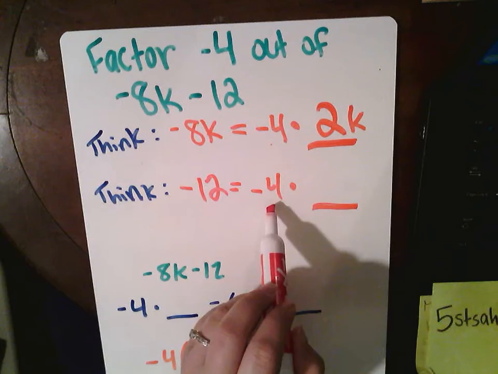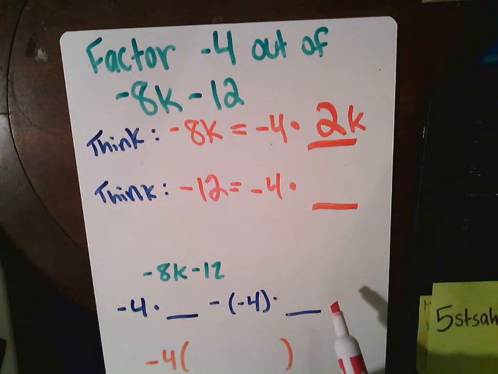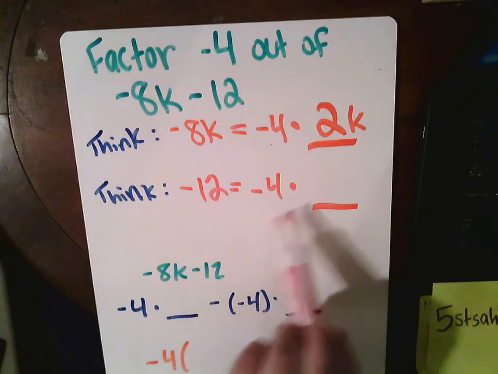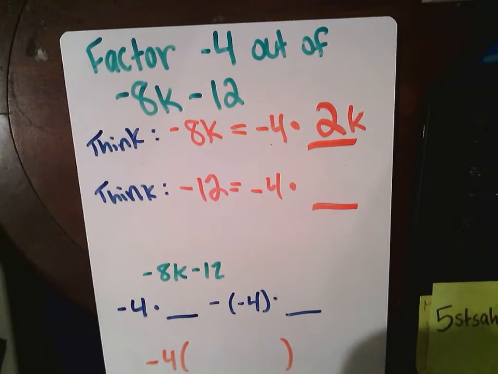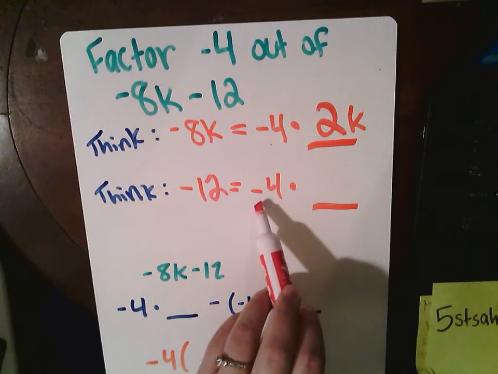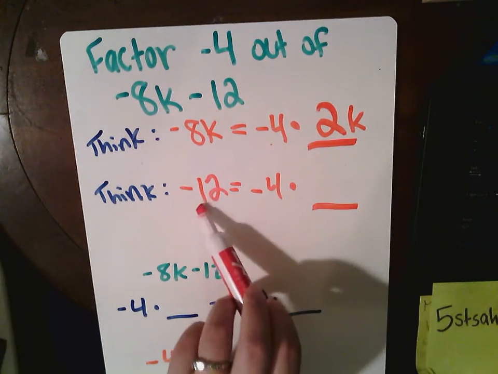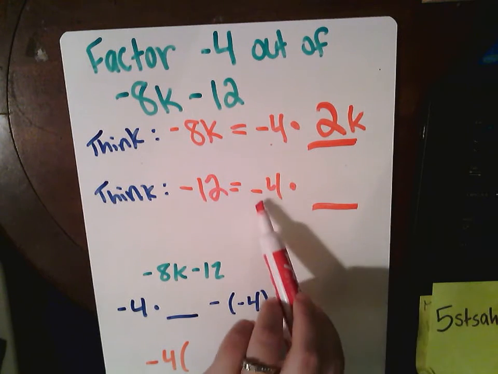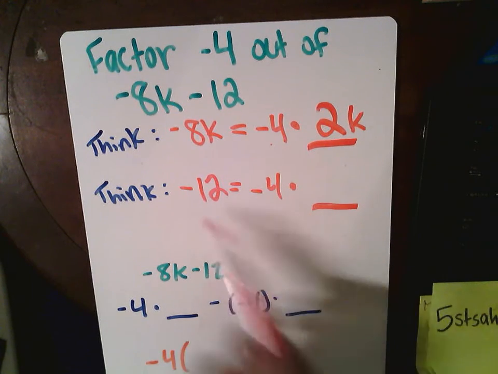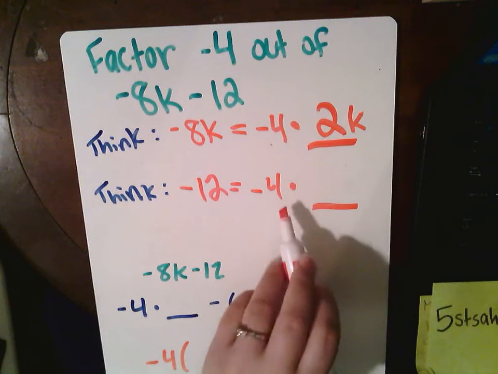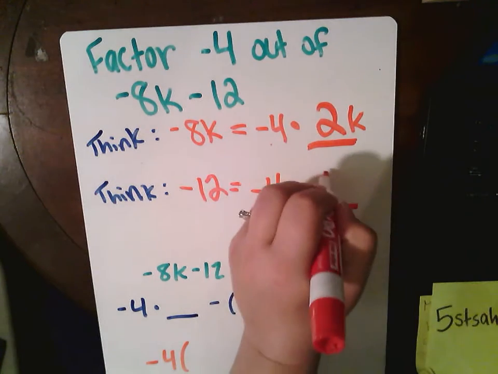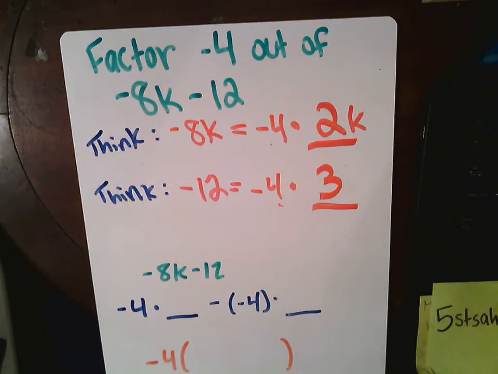Here we have -4 times what gives us -12. There's no variable in either of these terms, so we don't need to worry about that. We have a negative here, we have a negative here, so we know that our answer needs to be negative. So a negative times a positive will give us that negative. Now it's just 4 times what gives us 12, and it's 4 times 3 gives us 12.